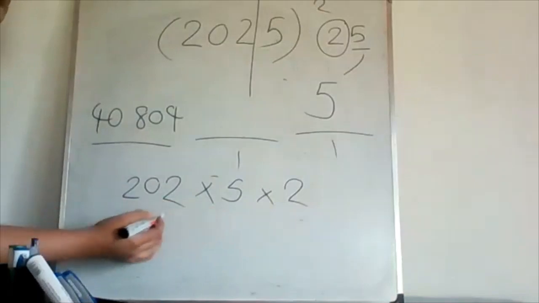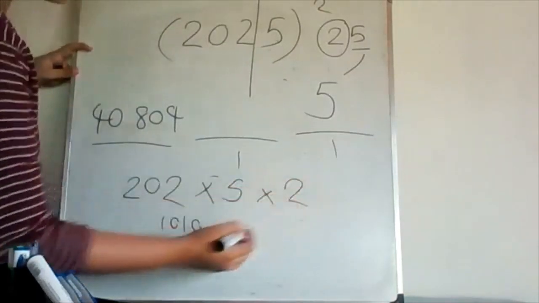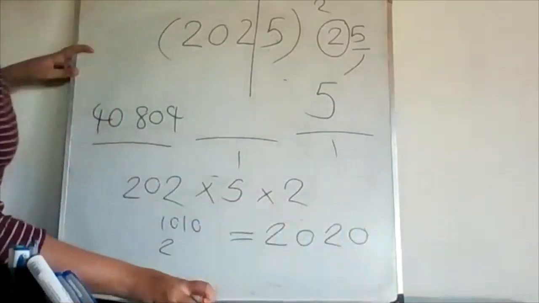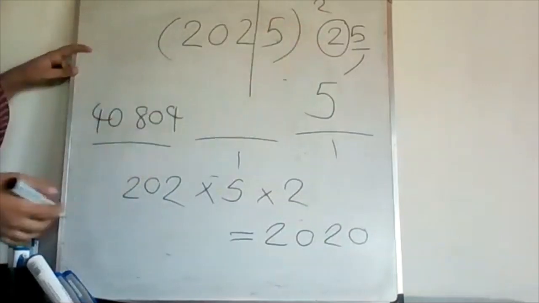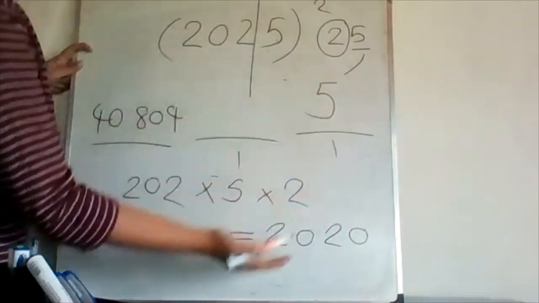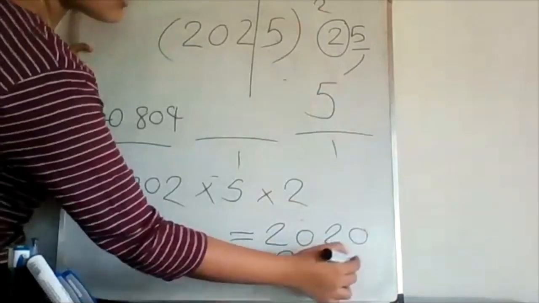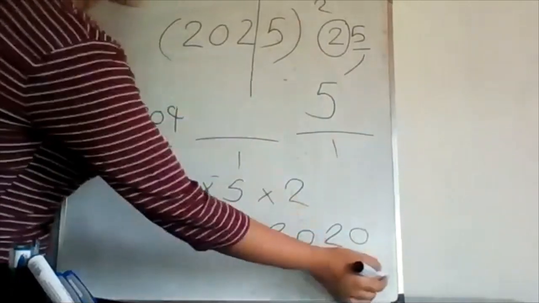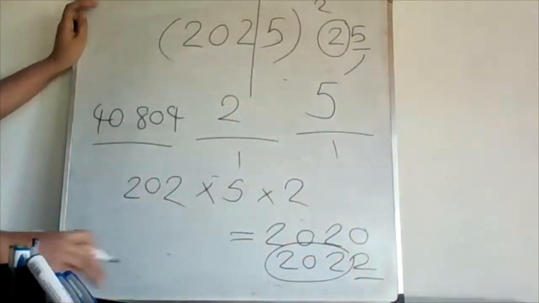That means this is 1010, then this is 2020. So this is 2020 and there is also 2 remaining. That means this 2020 plus this 2 should be 2022. So this value comes here and this last digit comes here and 202 is remaining from this point.